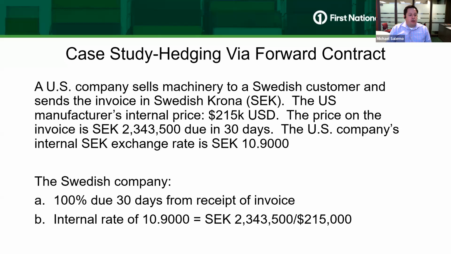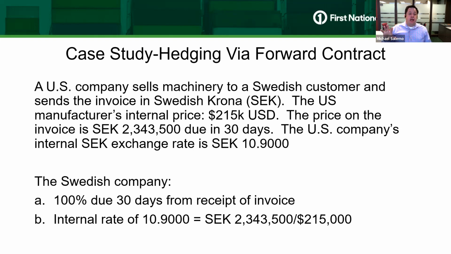They had the conversation over in Sweden, and for every piece of equipment they were going to ship over 18 months, their price with a built-in margin was going to be 215,000 US dollars. So the price that they put on the invoice was 2,342,500, and they're going to be billing them in 30 days.